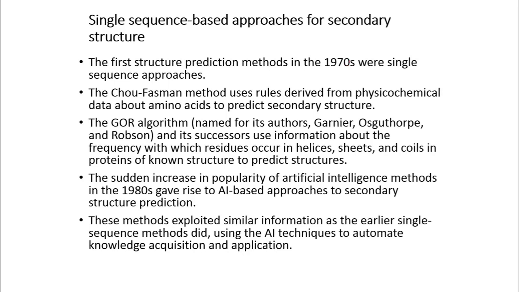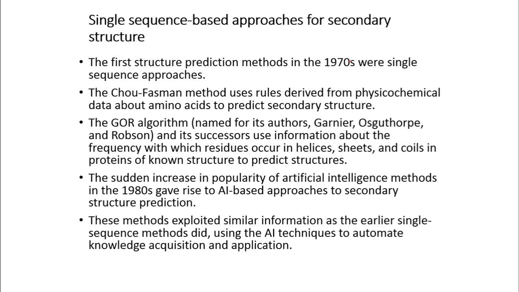good. Now let us talk about the single sequence based approaches for secondary structure prediction. Okay, so these were the very simplest of their kind. The very first structure prediction methods were conceived back in the 1970s, and they were single sequence based approaches.